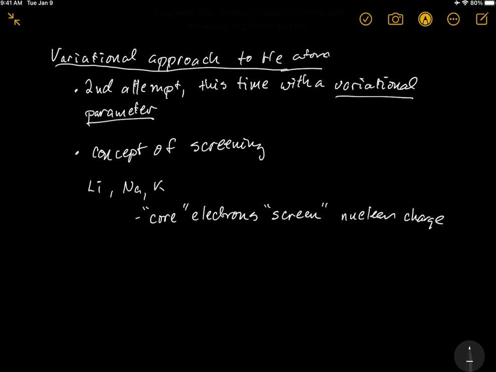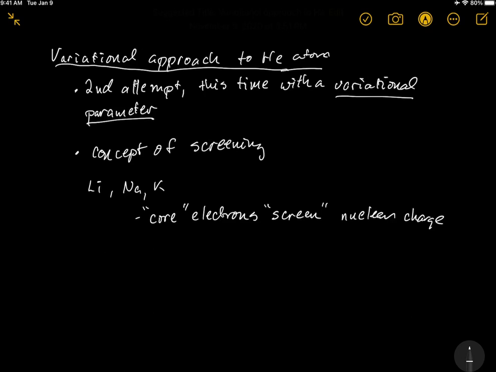So that 3s electron experiences an effective nuclear charge that's less than the full nuclear charge of sodium, which is 11 times the charge of an electron.